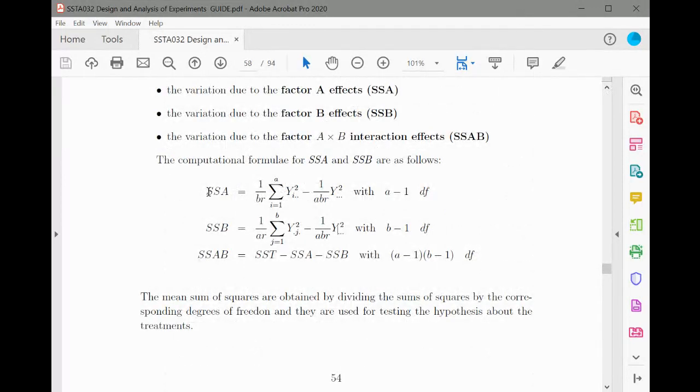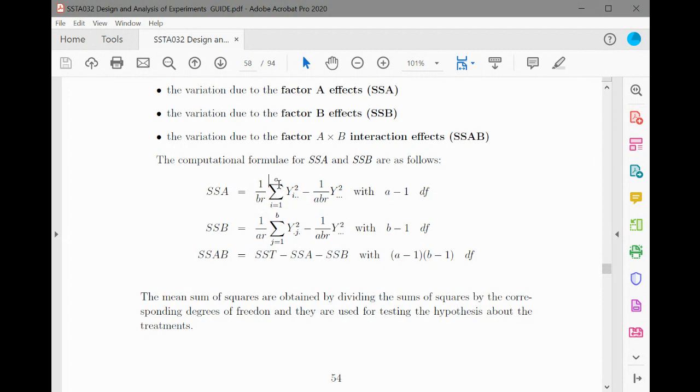You see here, if you want to find SSA, it means focusing on factor A. The formula will be given by this. If you remember with Mr. Delvaux, when we were finding SS treatment, you were saying 1 over BR, summation of i from 1 to T. This was T because we're focusing on the treatment.